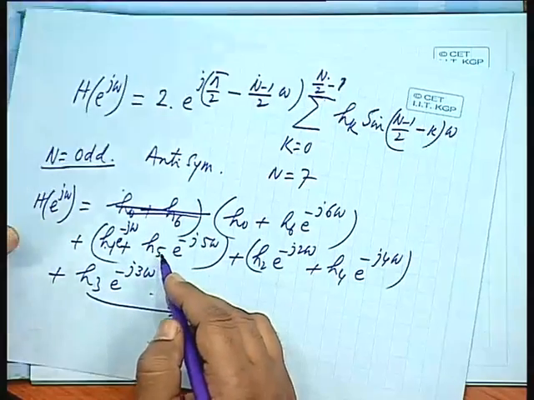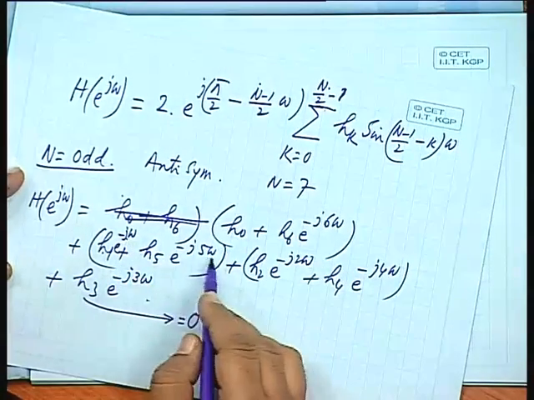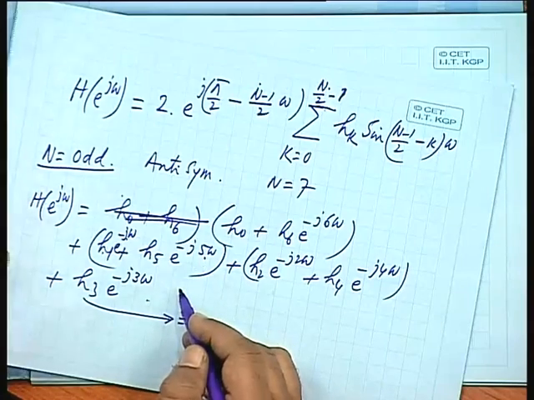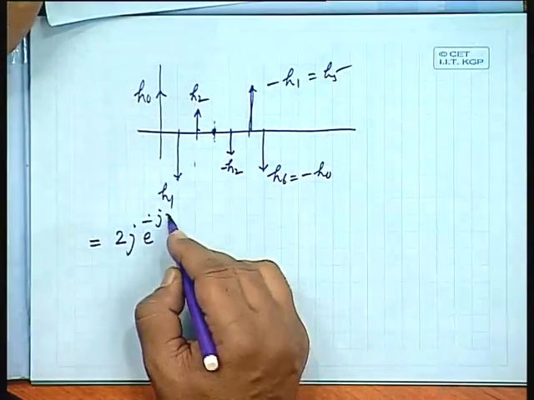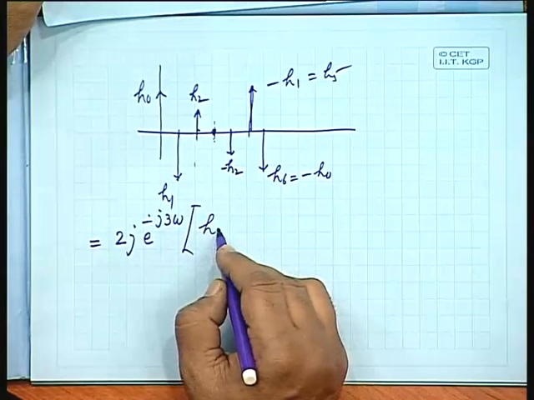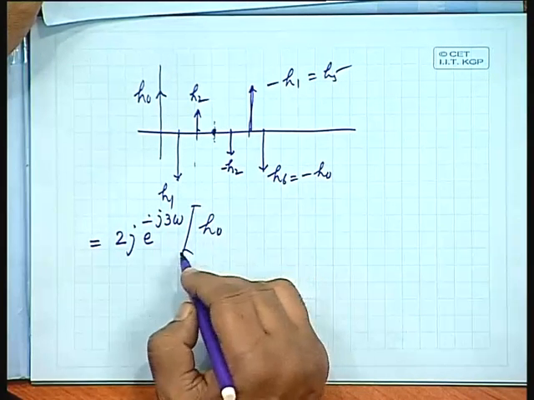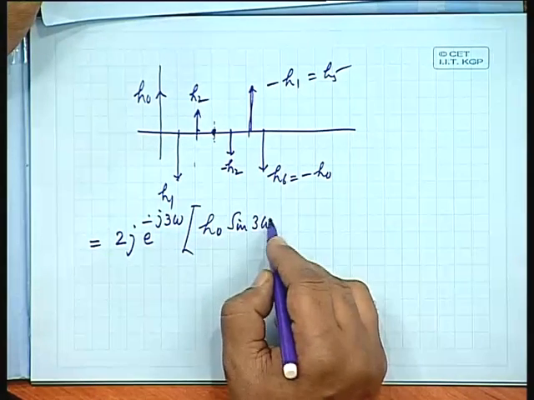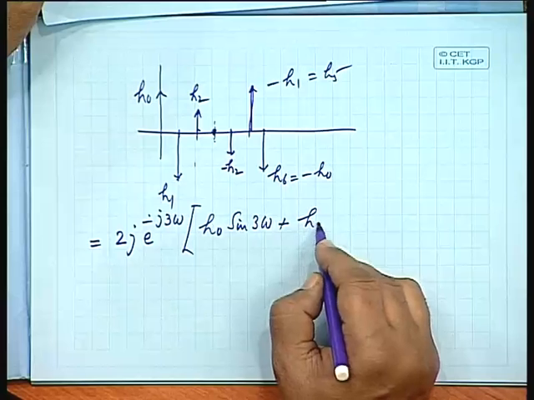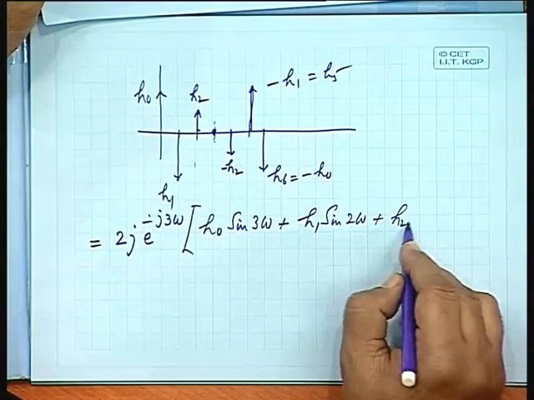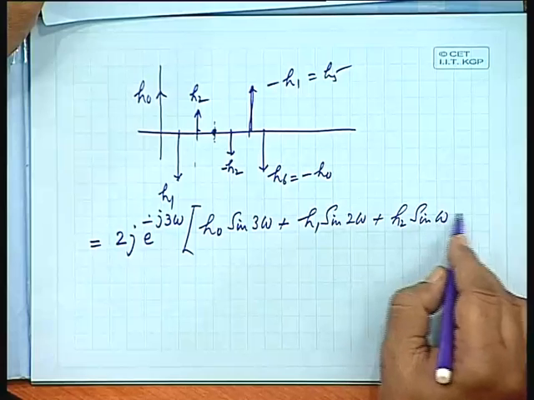Now, if n is odd, 1 and 5, 6 by 2. So, that will be 3. So, minus 3 omega will be H0 sin 3 omega plus H1 sin 2 omega plus H2 sin omega.